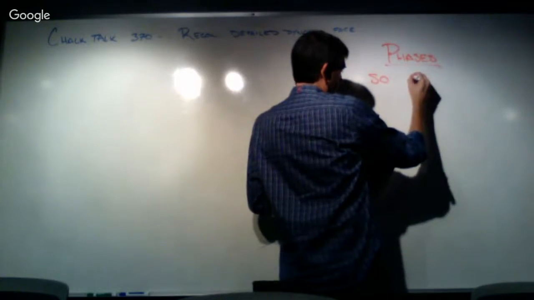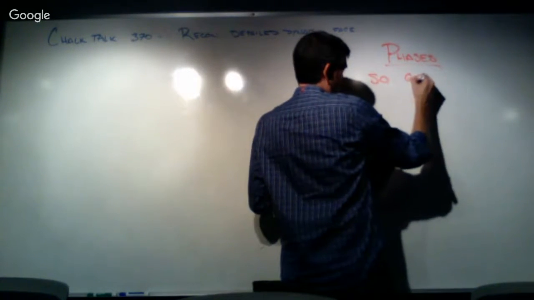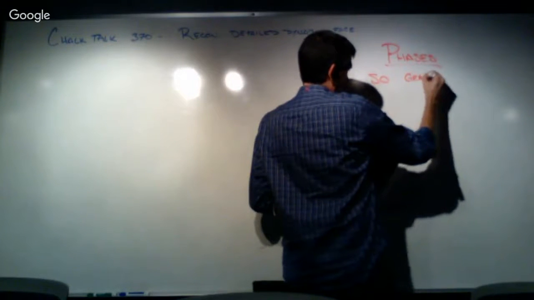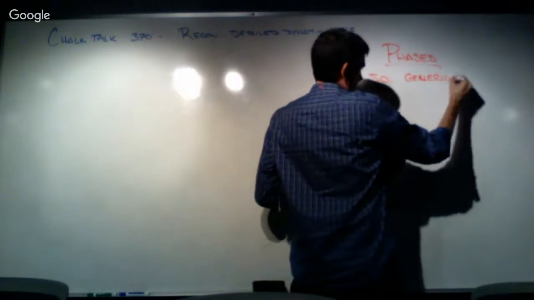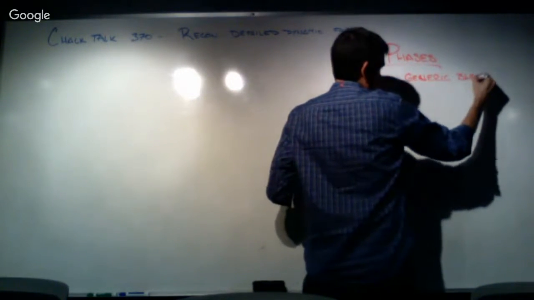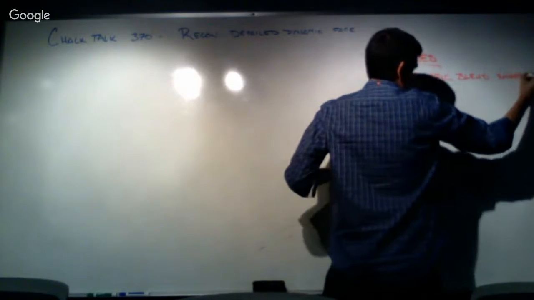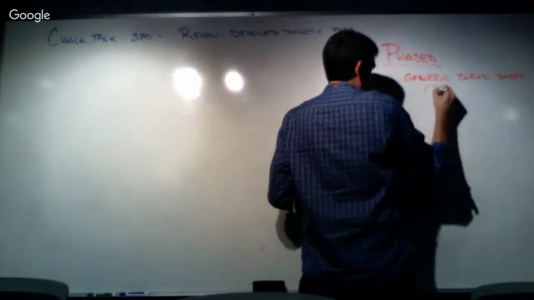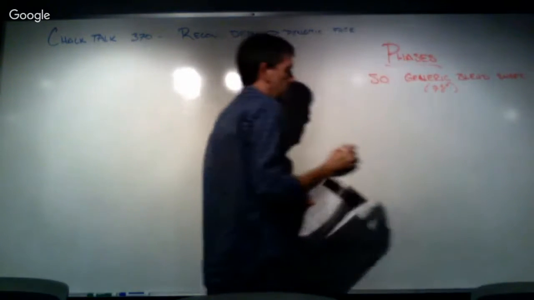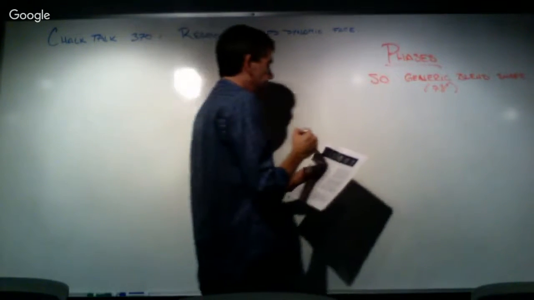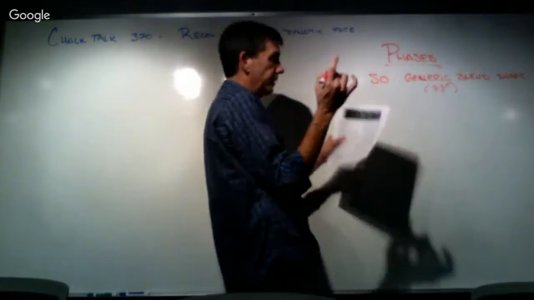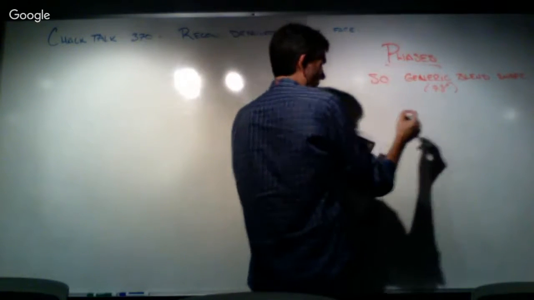So first of all, we have a generic blend shape that they build once. And they're using 78 shapes in this blend shape model. And it's a linear blend shape, and we'll go into the details of that.